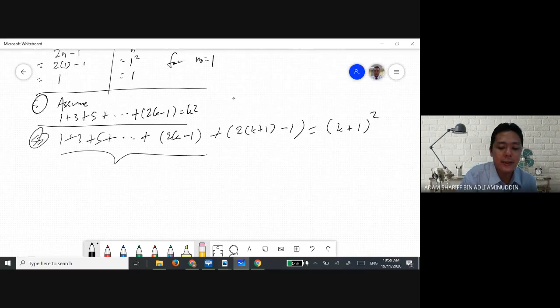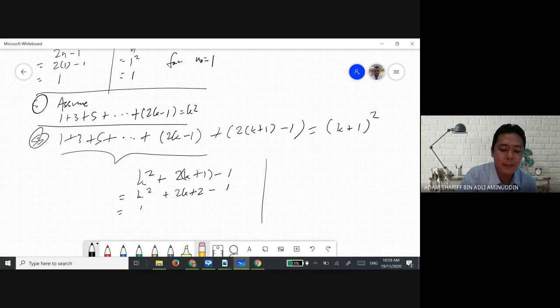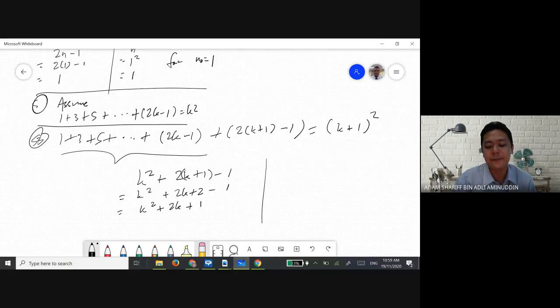So because this is k squared, you add up with 2k. Saya nak step by step. Okay, for the left hand side, you can get k squared plus 2k plus 2 minus 1, it becomes k squared plus 2k plus 1.